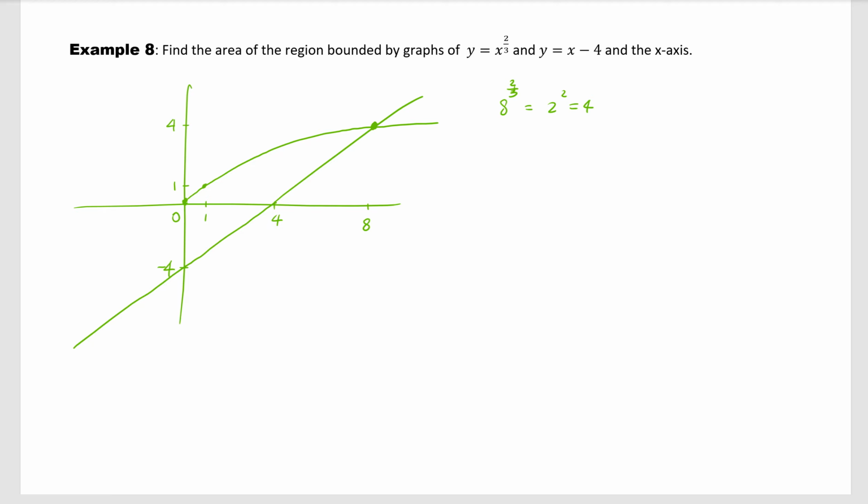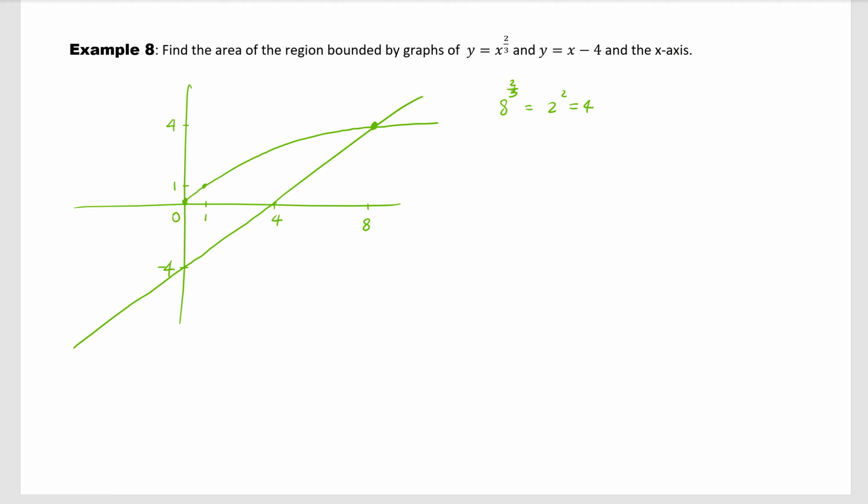I asked you to put points to find the intersection points. Otherwise, when you want to solve the system, you get x to the 2/3 equals x minus 4. Well, this is not a polynomial function. We're only able to solve linear and quadratic functions because we have the quadratic formula, and these kinds of functions we're not able to solve. So it's okay. You can still plot integer points to find the intersection points.